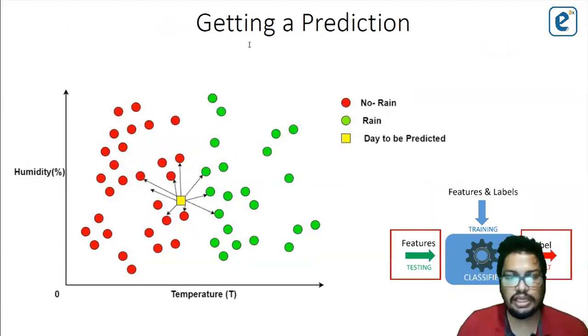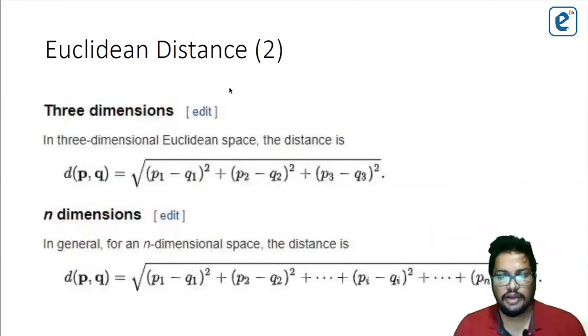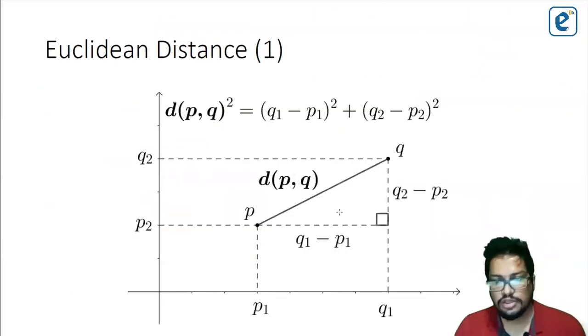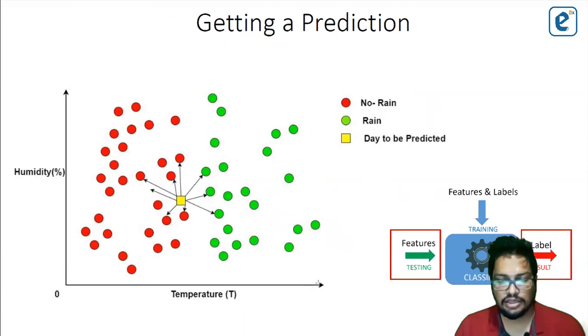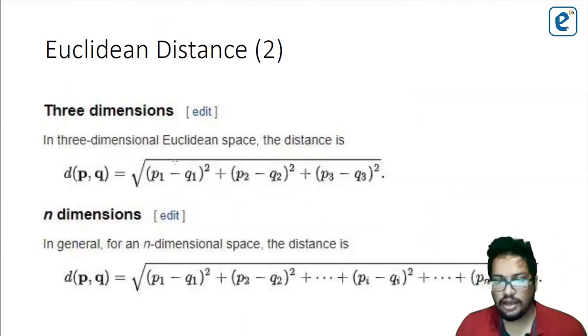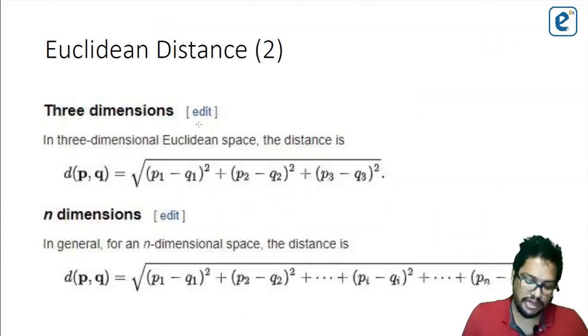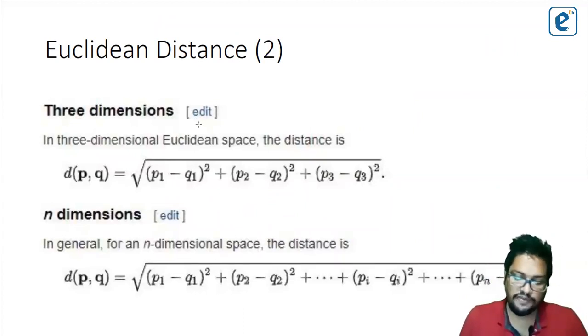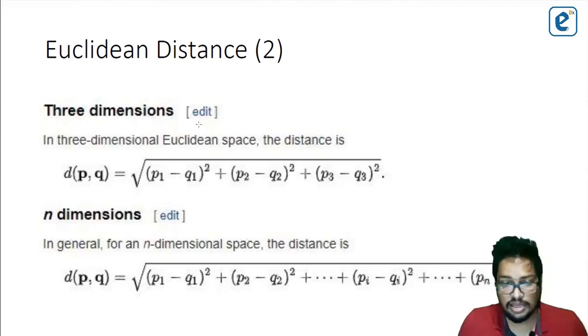Okay, so quickly, when we have two features, you can get the Pythagoras distance. But if the dimensions are more than two, that means features are more than two, like we have temperature, humidity, wind speed, light intensity, and some other features as well, in that case we can use the Euclidean distance. What do we mean by Euclidean distance?